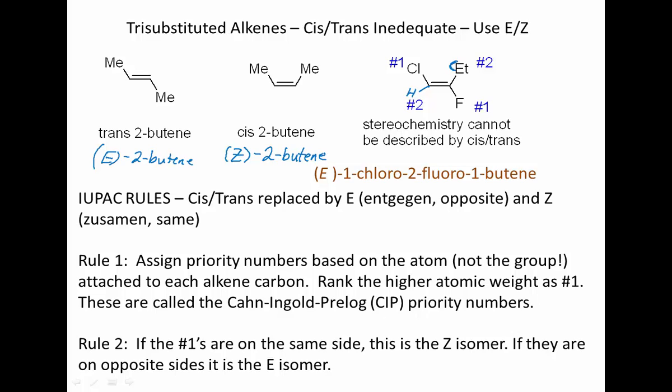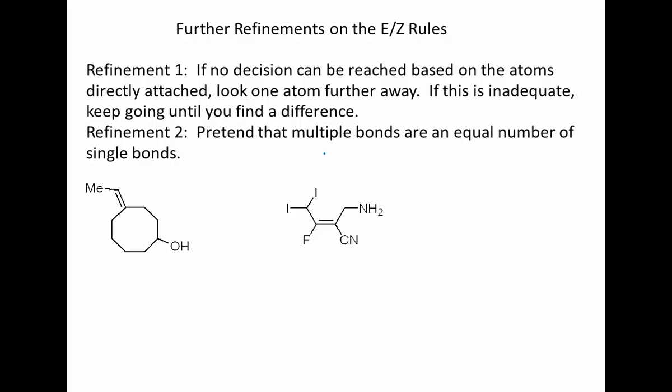Let's look at a more complicated situation. These rules here we're going to see break down. We can't assign E and Z to everything with these two rules, so we have to add refinements. Refinement number 1: if you cannot reach a decision based on the atoms directly attached to the alkene, move one atom further away, and hopefully then you can find a difference.